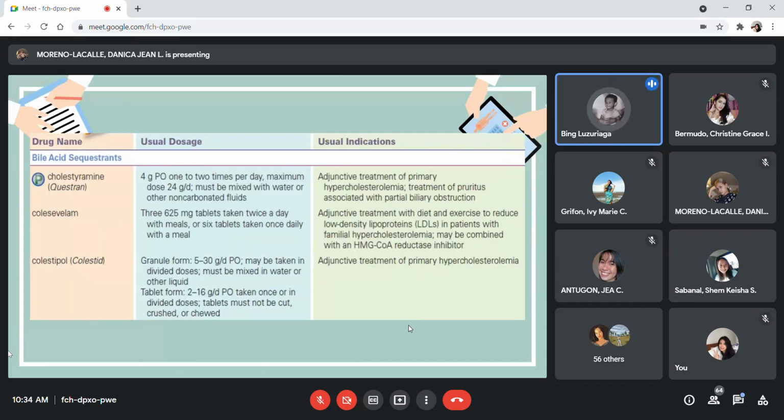I'd just like to re-emphasize why you will have all those deficiencies when you take bile acid sequestrants. As the name implies, it is a bile acid binding resin which helps bind the cholesterol to the bile to be excreted. Again, it promotes excretion of your cholesterol. With that excretion, just imagine, you need fats for the absorption of your fat-soluble vitamins and other vitamins which need fat. If you decrease the absorption of fats, you decrease the absorption of the things that require fats.